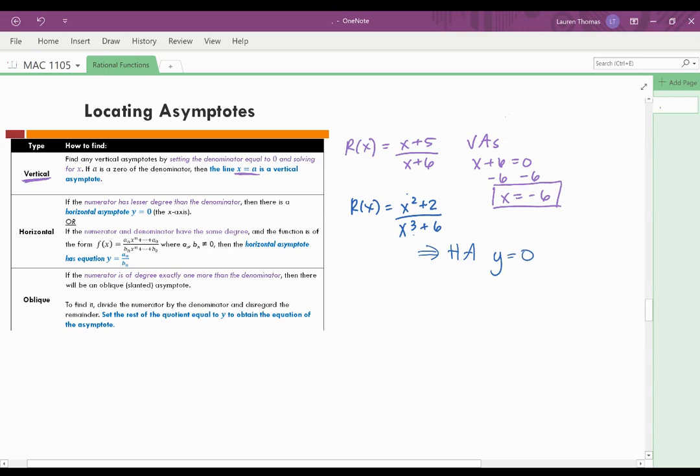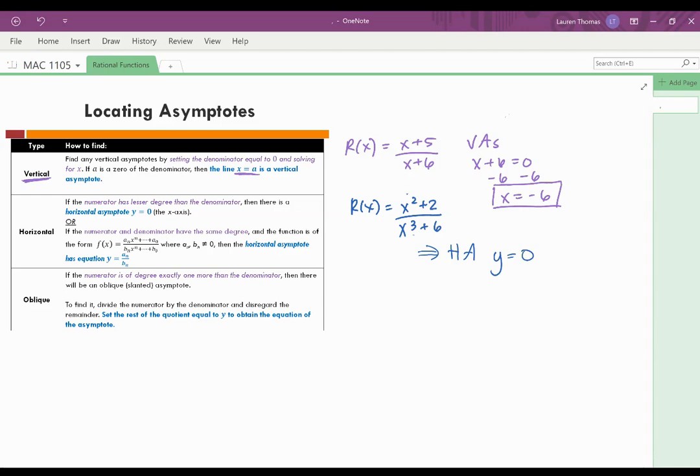So there's no work involved. Once you see that the degree in the numerator is smaller, notice that 2 is only less than 3 by 1. Automatically, you have a horizontal asymptote, and automatically it's at y equals 0. So all you have to do is be able to recognize that.